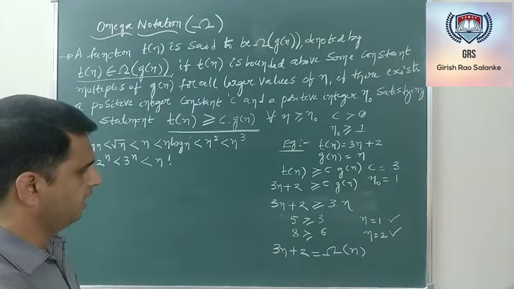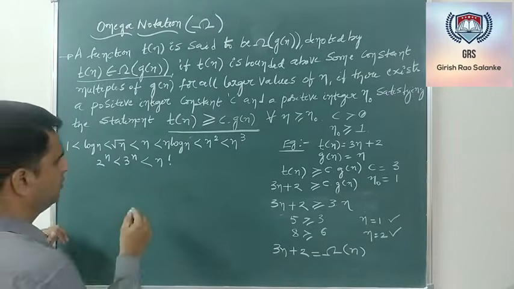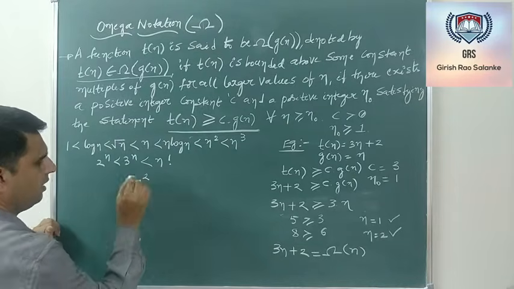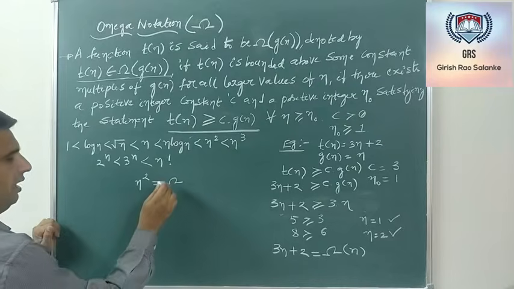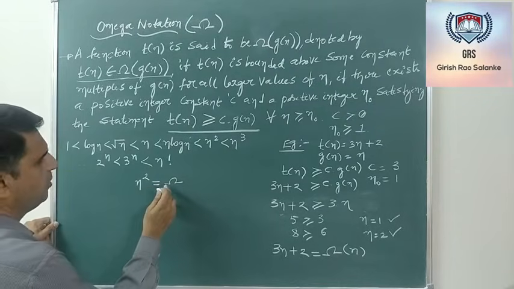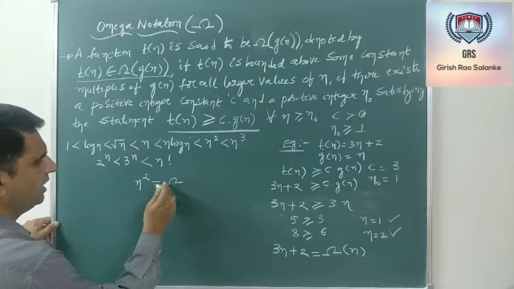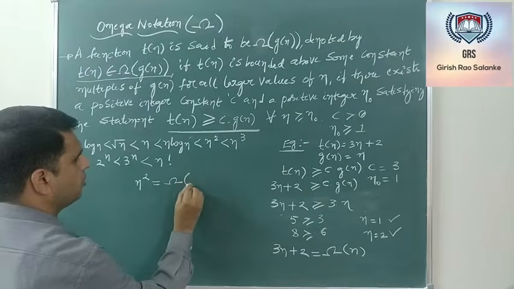Now let me write the first one that I have used. Can I have n square equal to big omega of n cube?